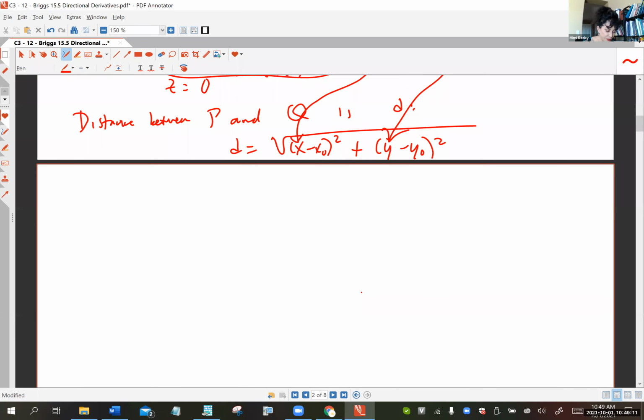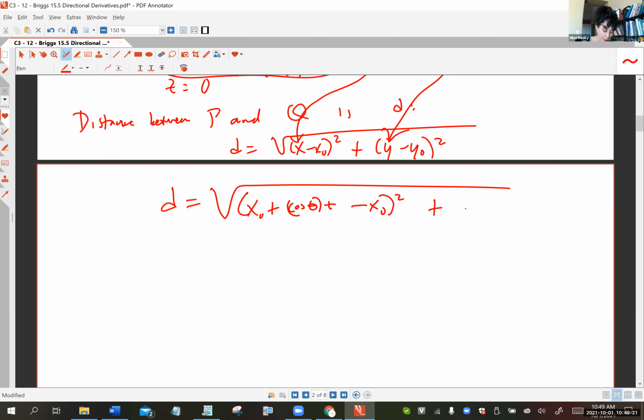So my distance formula, when I do these substitutions and then cancellations, is going to look like this. These x naughts cancel, these y naughts cancel. And so what am I really squaring here?